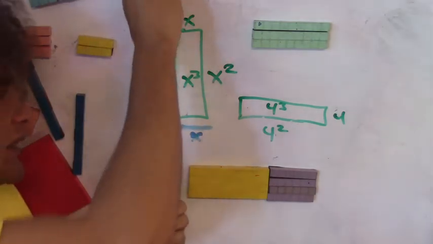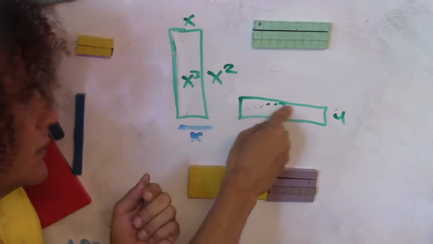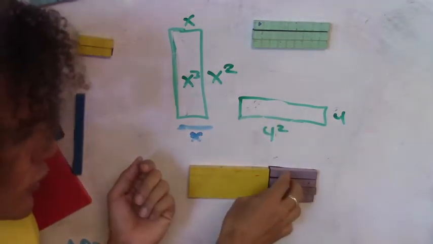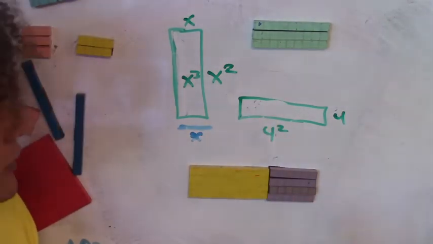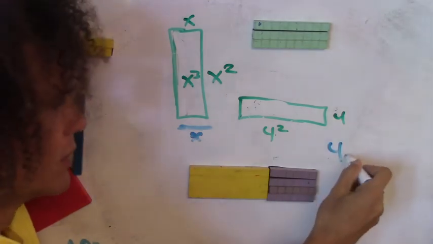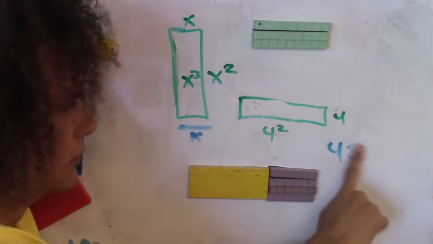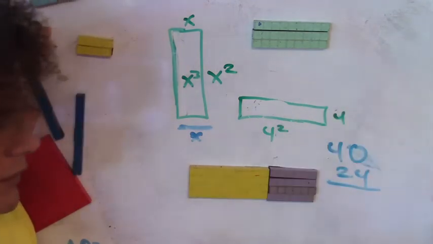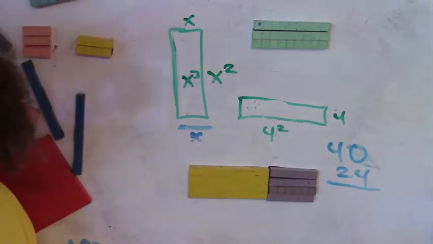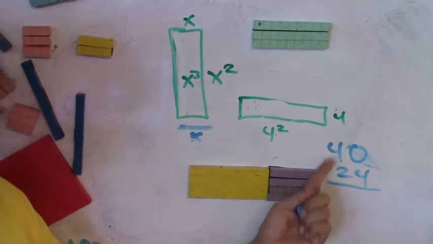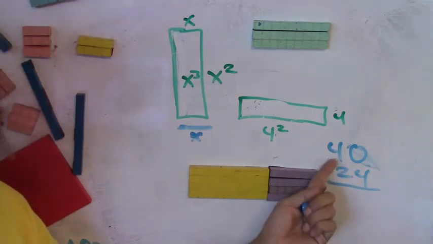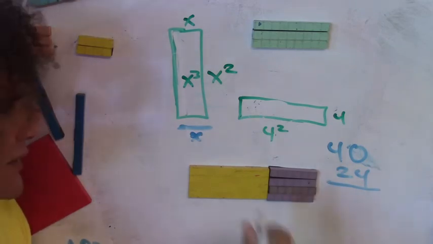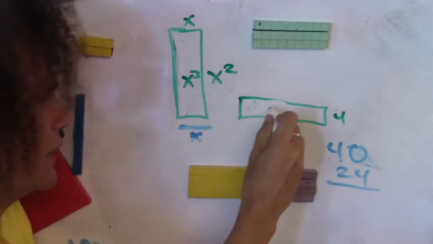You can do it. 4 times 10 is 40, and then 4 times 6 is 24. There you go. So what do I have? Just add them together. How easy is that. What's 40 and 24? 64. There you go, done.